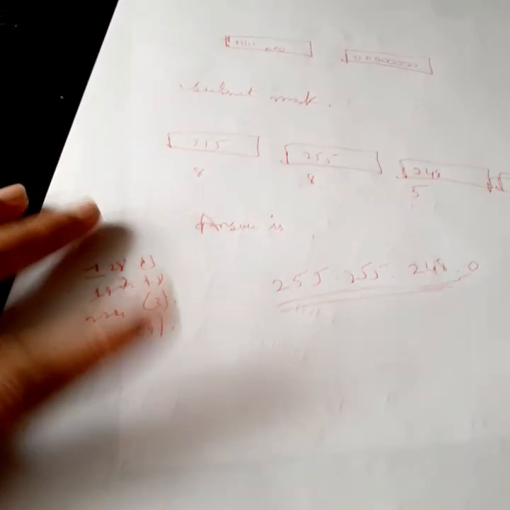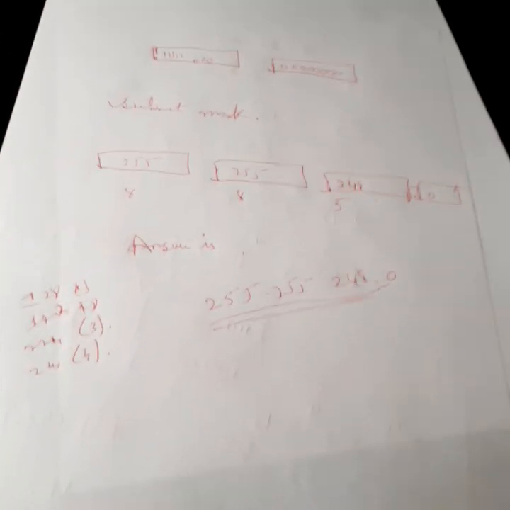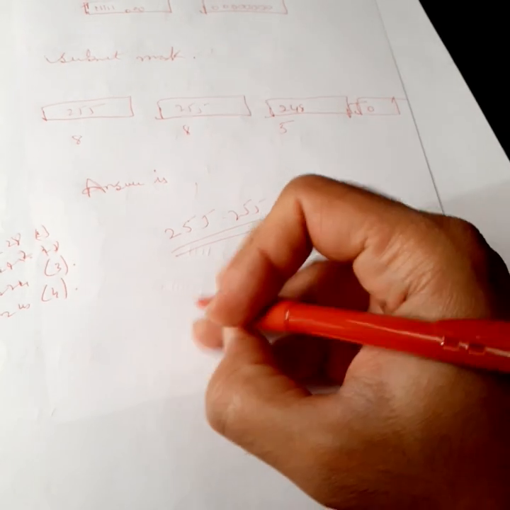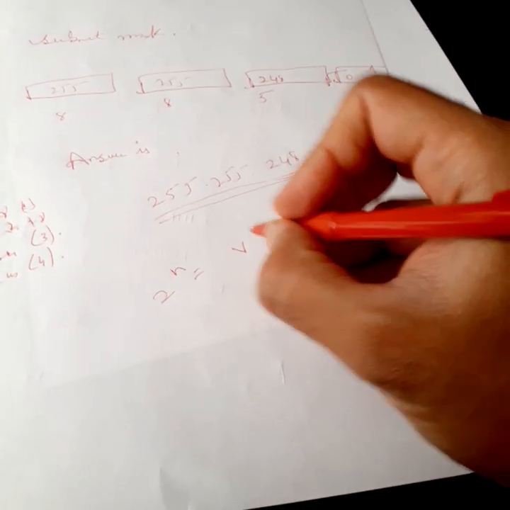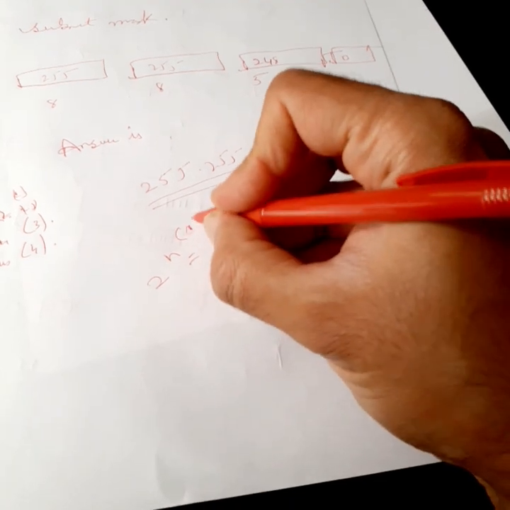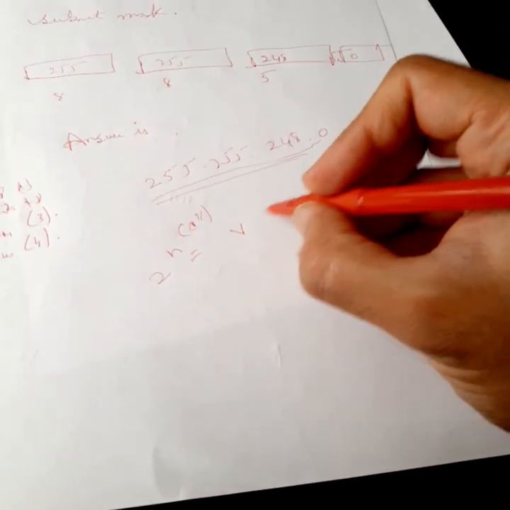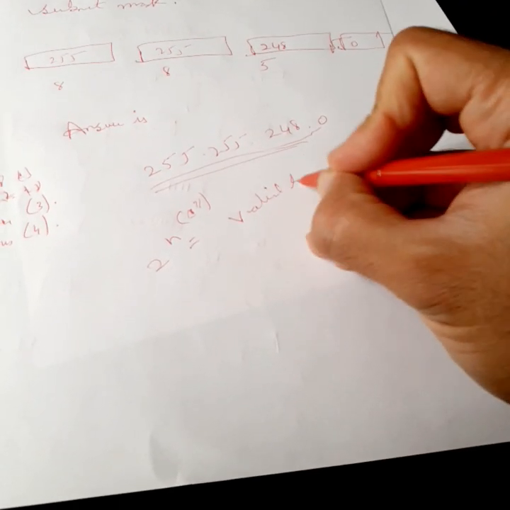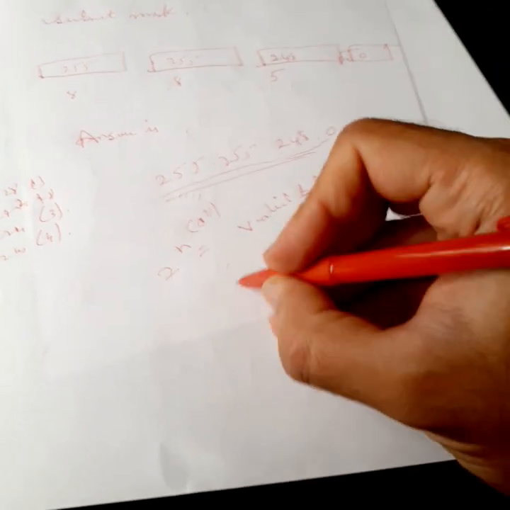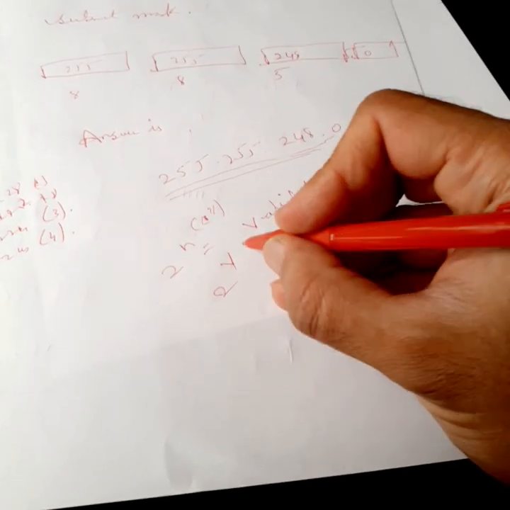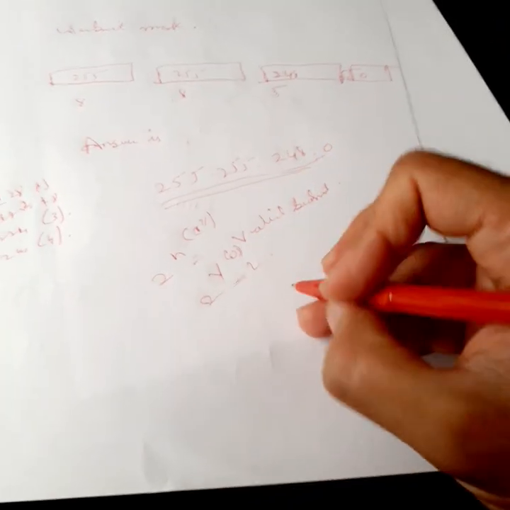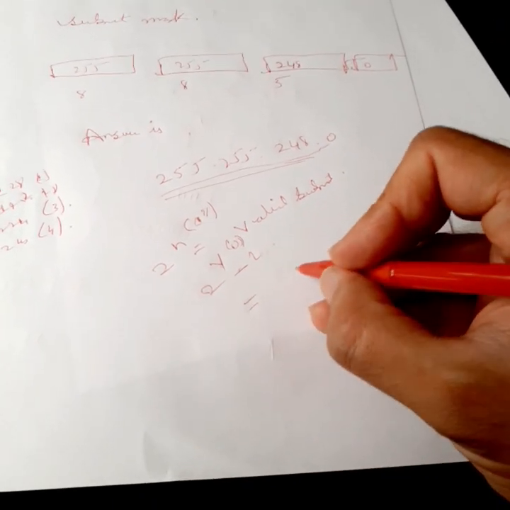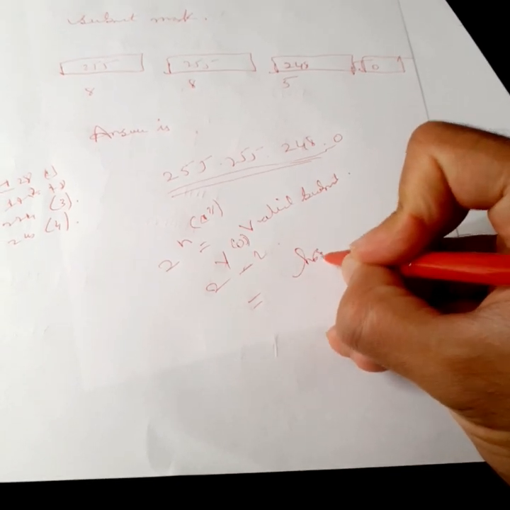So the formula: 2 to the power n, where n is the ones, will give us valid subnets. And remember, all the zeros are going to be y's: 2 to the power y minus 2. That's going to be our hosts per subnet.